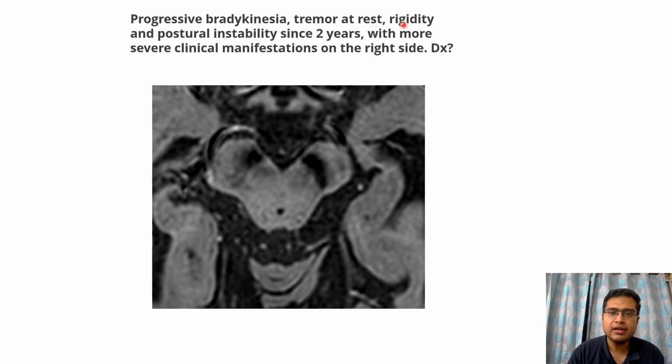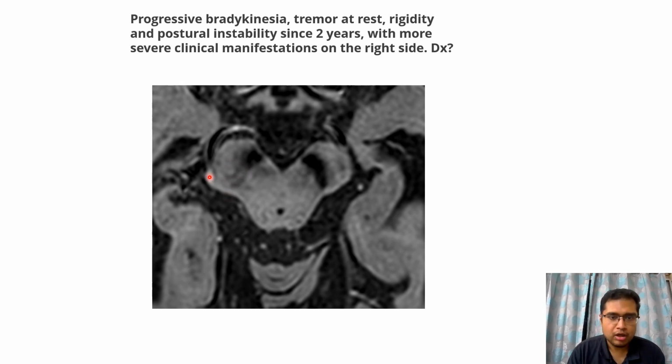As by clinical features, we suspect a case of Parkinsonism, and on this particular midbrain section of the susceptibility weighted images, we can see that this is the substantia nigra, and normally the anterior part of the substantia nigra is hyperintense, while the posterior part is split, resembling the tail of a swallow, based on which the sign is named, and also like a sandwich it looks.